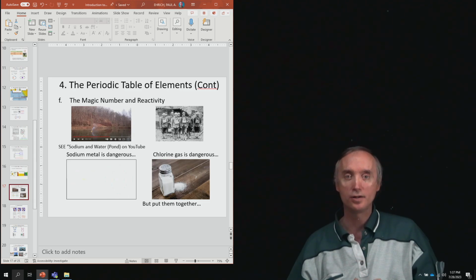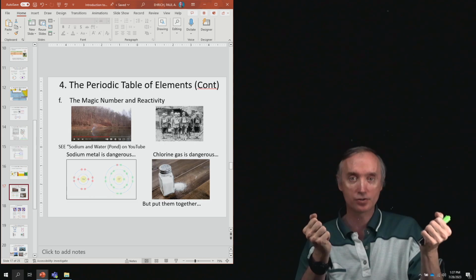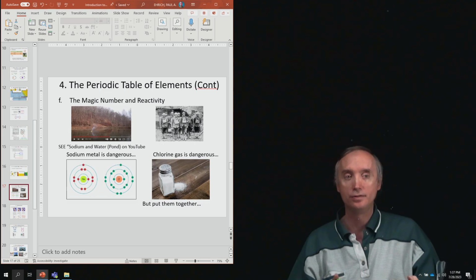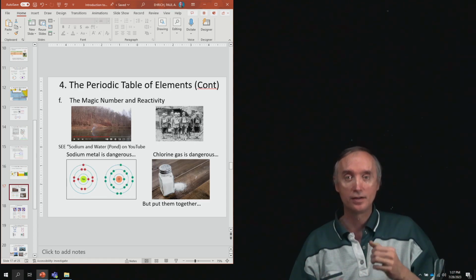It caused a chemical reaction with the water, because water is composed of oxygen and hydrogen. It pulled those pieces apart in a chemical reaction and ignited hydrogen gas, and that's what that explosion was. So sodium is very, very reactive.